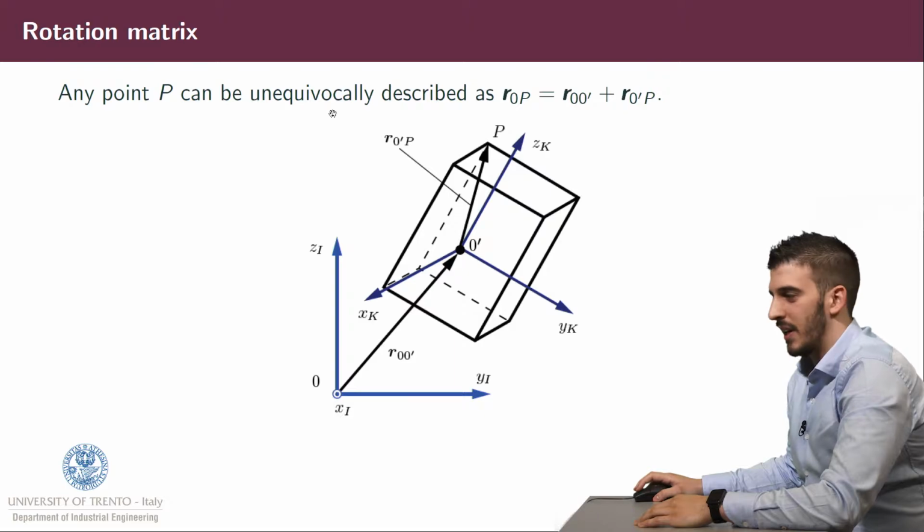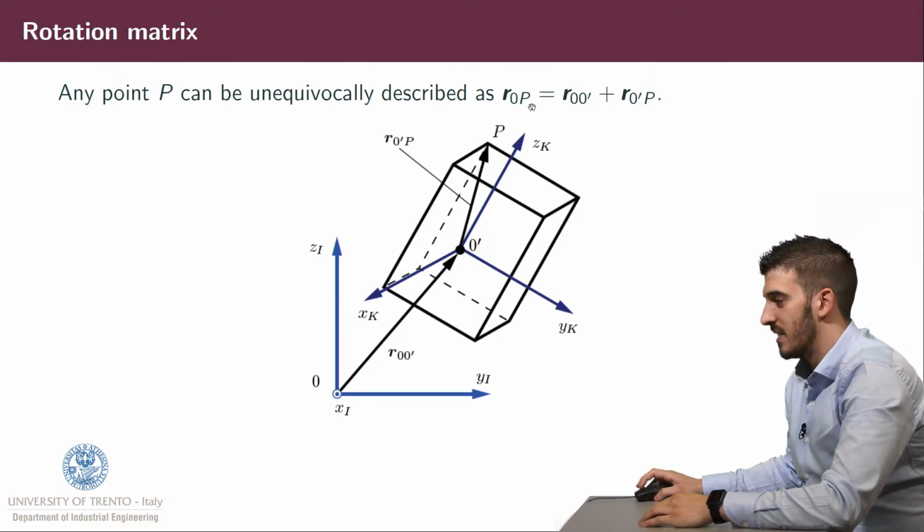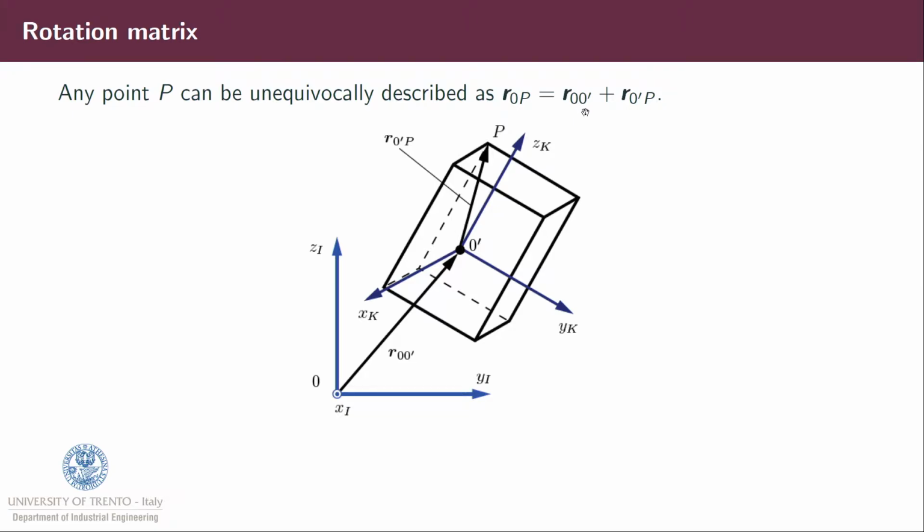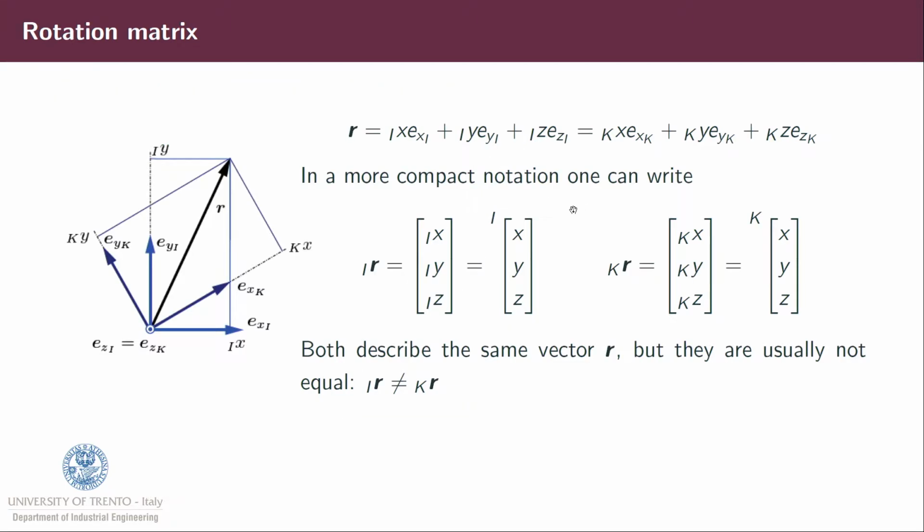Any point P can be univocally described as ROP equal ROO prime plus RO prime P, which means that we have the vector ROO prime, which is the vector connecting these two reference frames, and the vector RO prime P, which is the vector connecting the origin of the second reference frame with the point P.